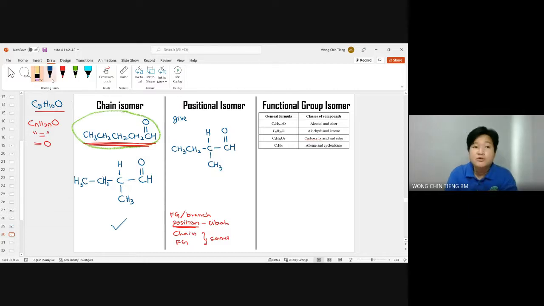So, untuk aldehyde positional isomer, yang ni tak boleh ubah, yang ni kekal. So, kalau yang ni kekal, siapa yang boleh ubah? Remember just now Alia said, kalau CH3 nak masuk, kita boleh ada carbon 1, 2, 3, 4. CH3 boleh masuk carbon 2 atau carbon 3. Betul? So yang berubah sekarang bukan C double bond O sayang.